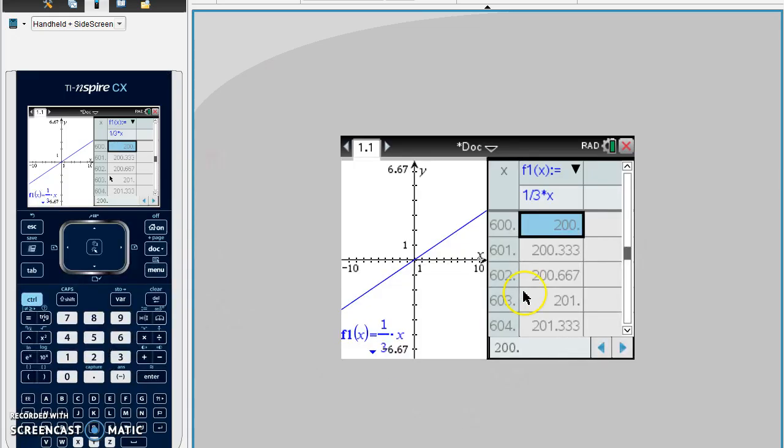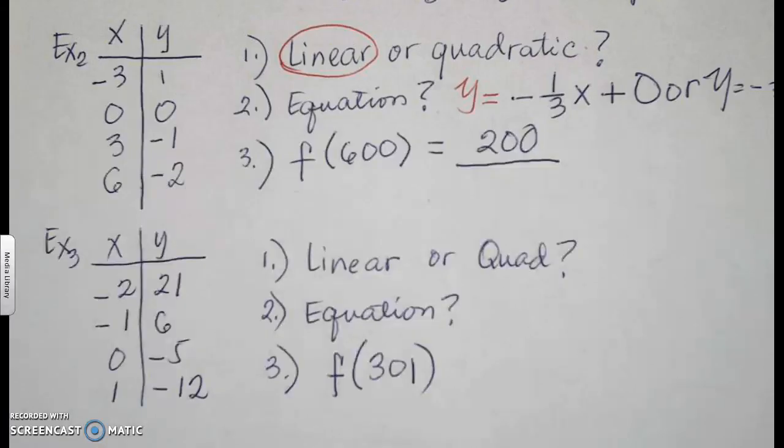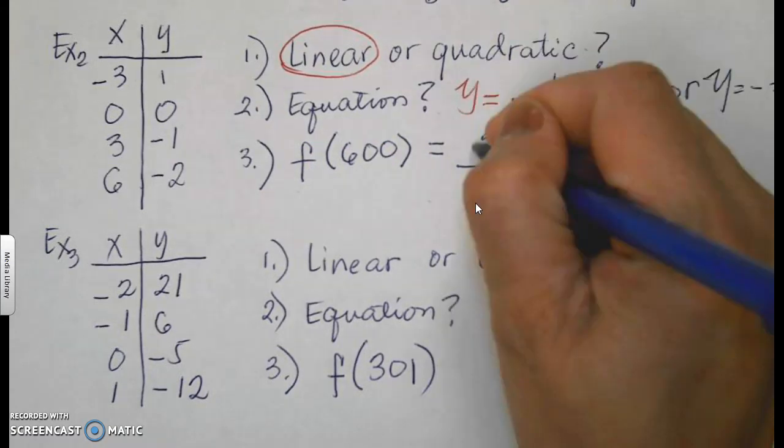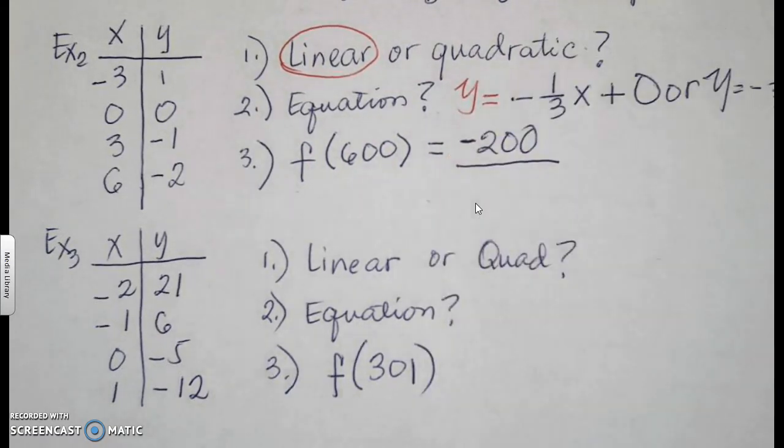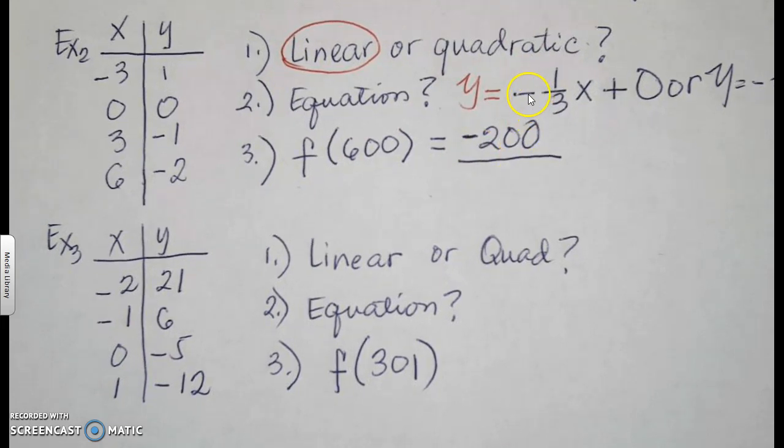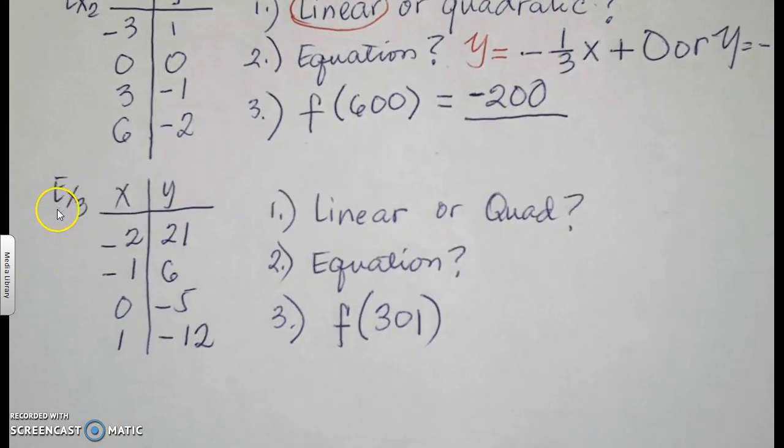Okay, I made a careless mistake on this one. This is supposed to have been a -3, and if you plug in a -3, then this becomes a -200. So I apologize for that mistake. This is supposed to be a -200. I had forgotten to plug in my negative sign. So let's go to example number 3.